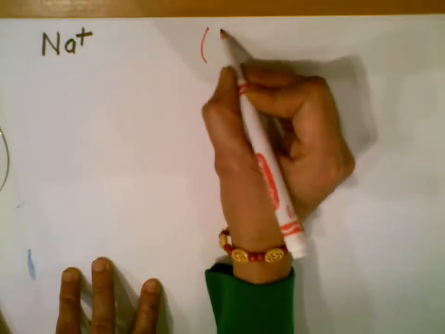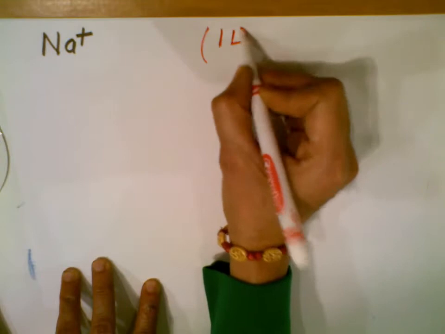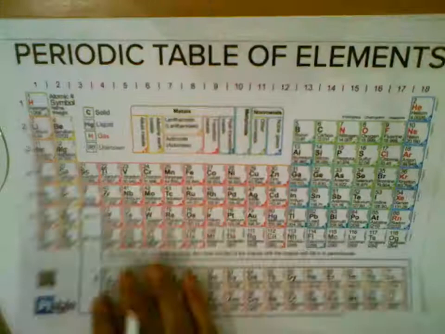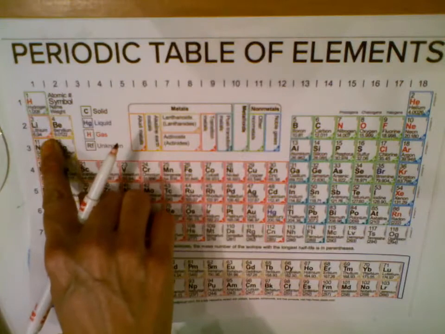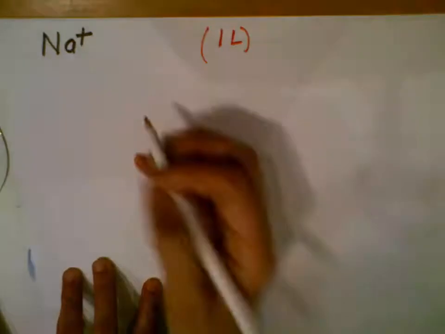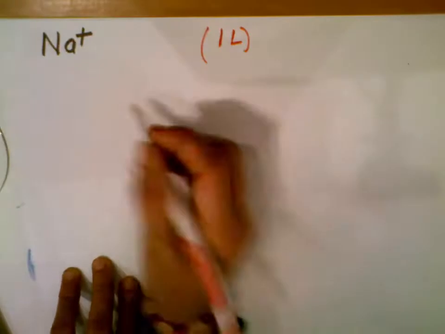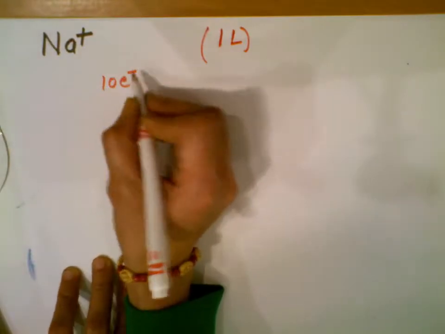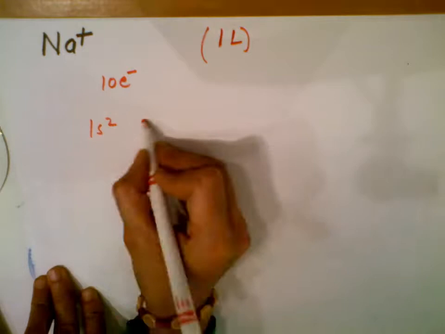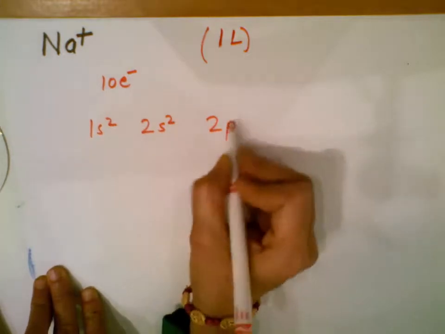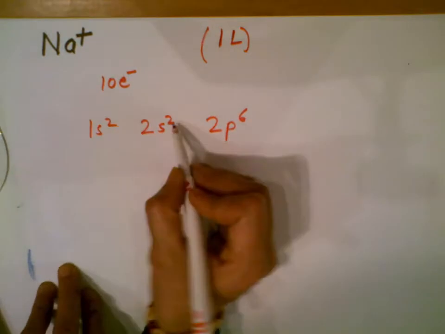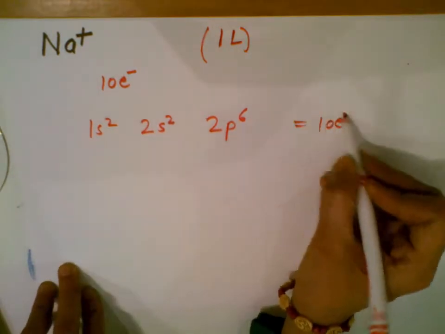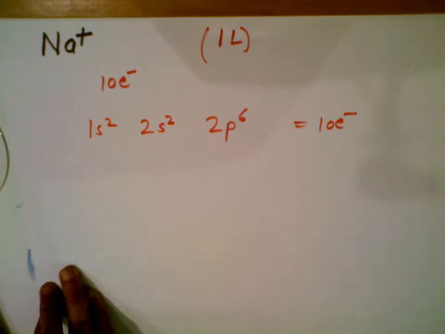So the parent atom for sodium has 11 electrons. If 1 electron is lost, you are going to write the electron configuration for 10 electrons. So 1s2, 2s2, 2p6. Once you have written this, it adds up to 10 electrons, right? That's what the sodium ion is here.